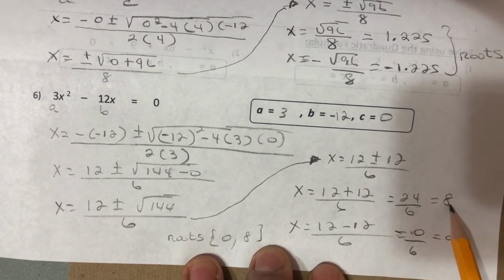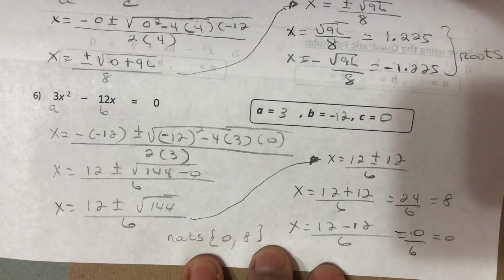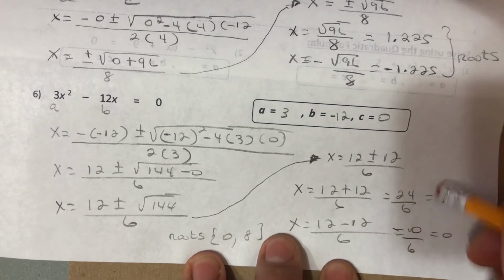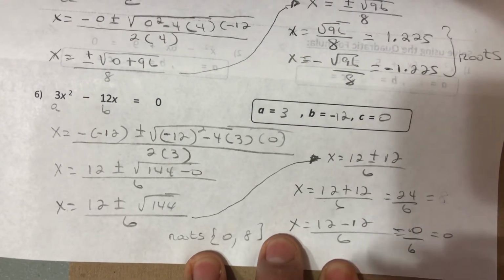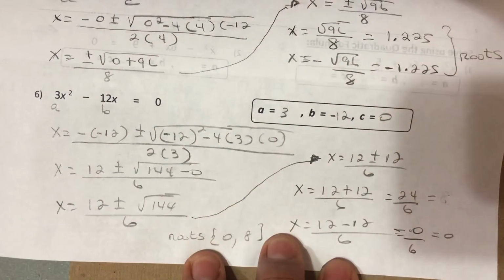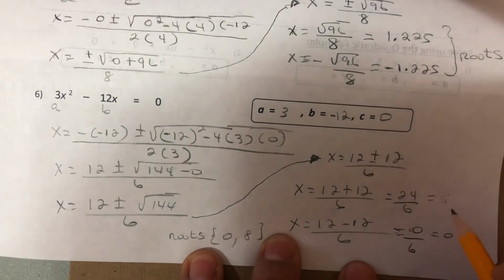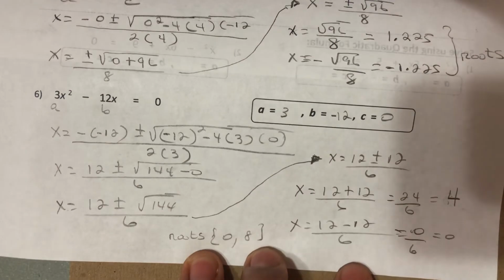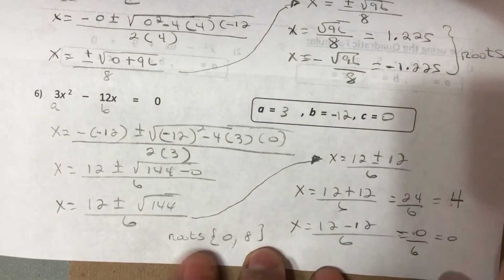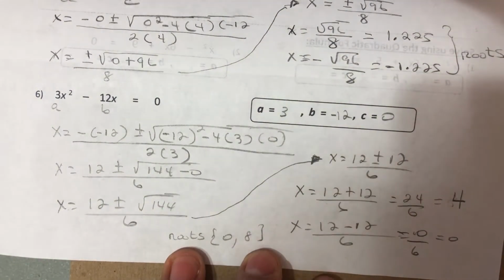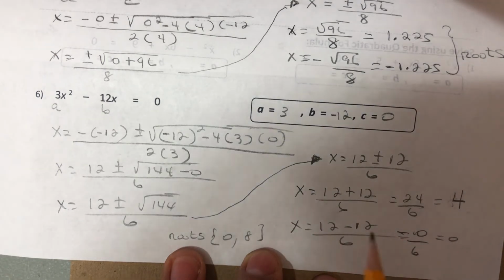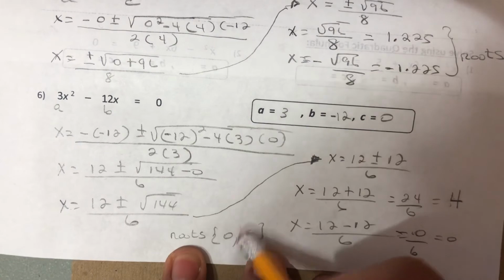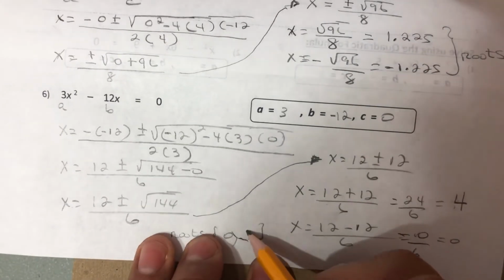If you divide that by 6, actually, I made a mistake, because 24 divided by 6 is 4. And 12 minus 12 is 0, and 0 divided by 6 is 0. Where did I get 8 from before? It's supposed to be 6, so it's supposed to be 4, okay? My bad, guys.